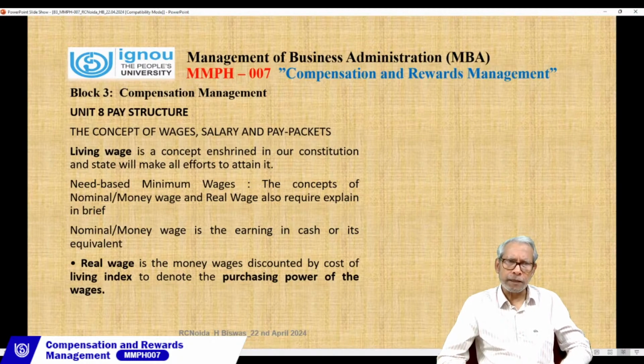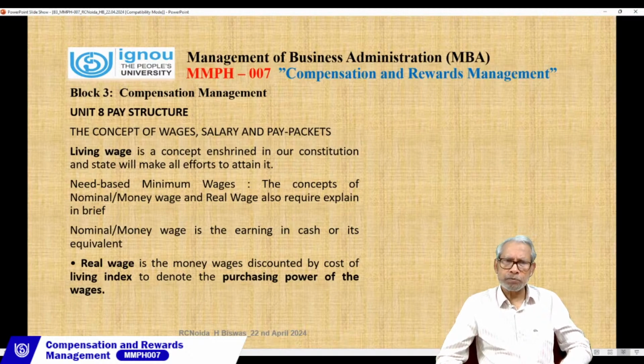Already the detailing is there. Real wage is the money which is discounted by the cost of living index to denote the purchasing power of the wages.